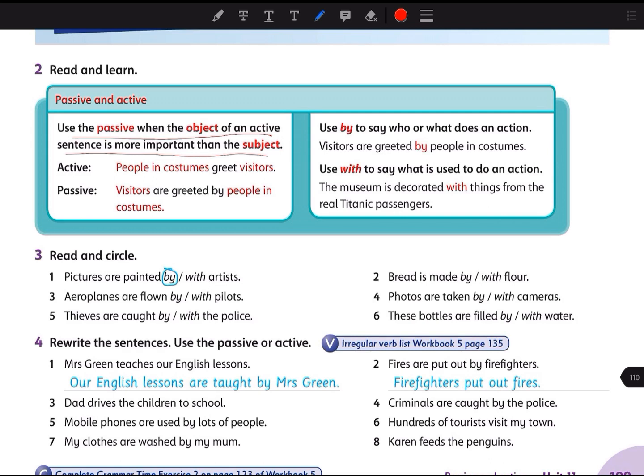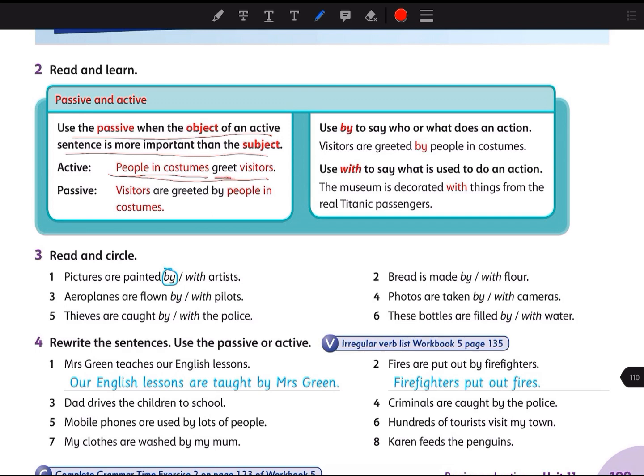For example, in this sentence, people in costumes greet visitors. People in costumes greet visitors. It is an active sentence. It is subject, verb, object. In this case, the object is more important than the subject.